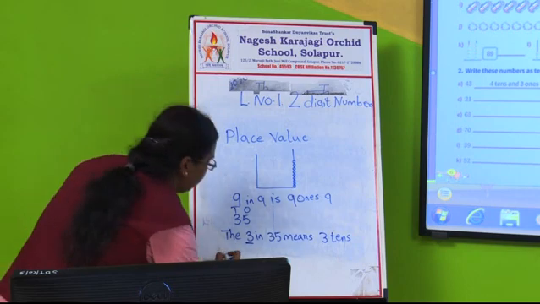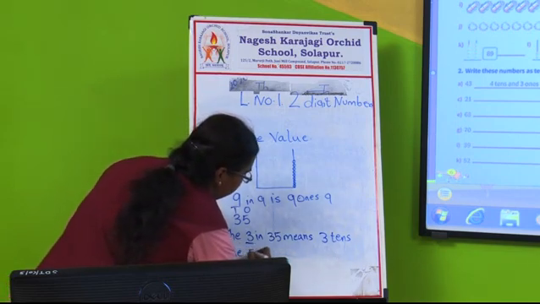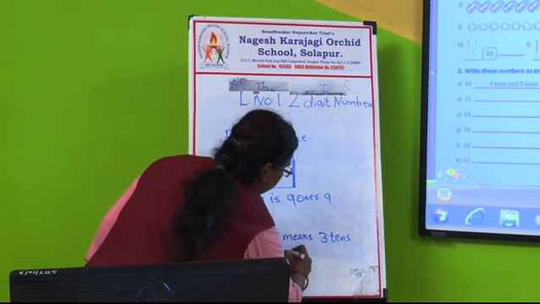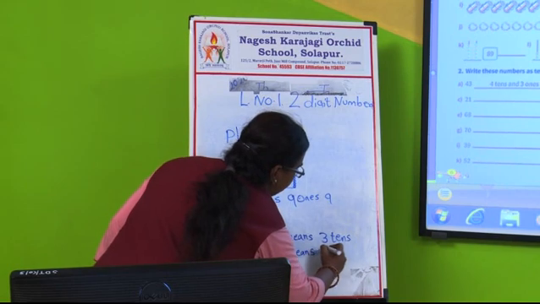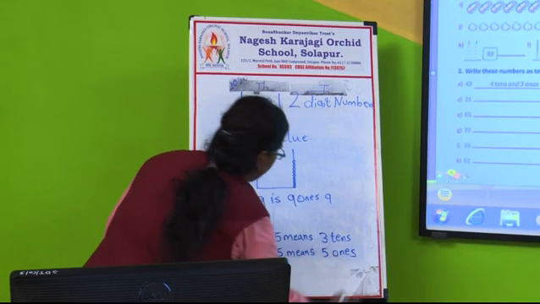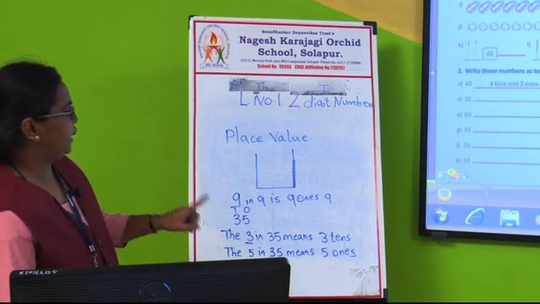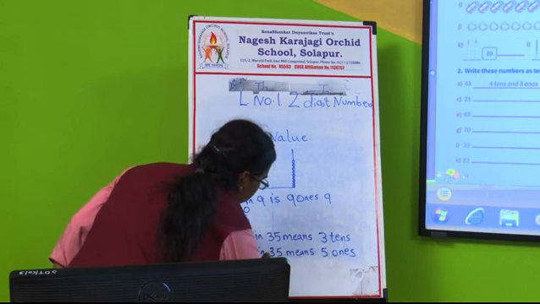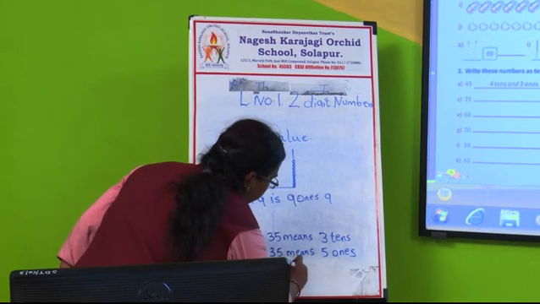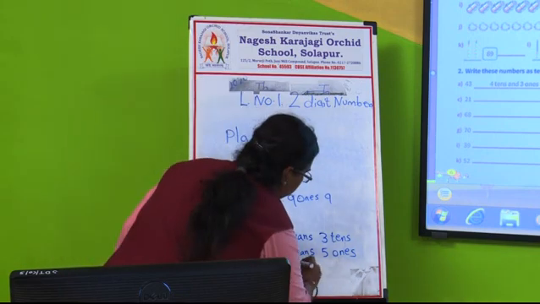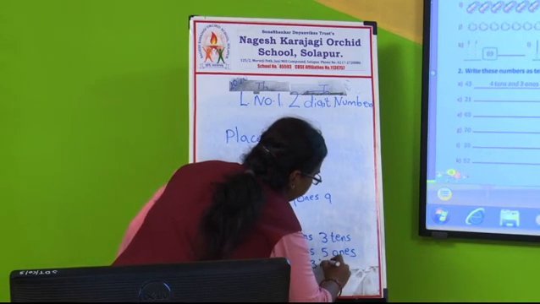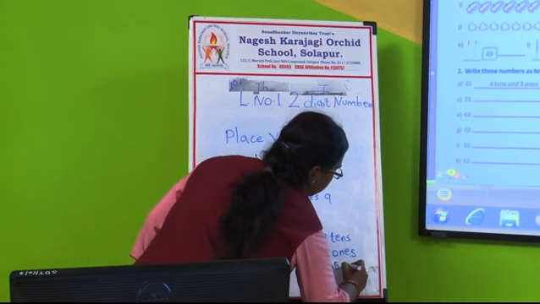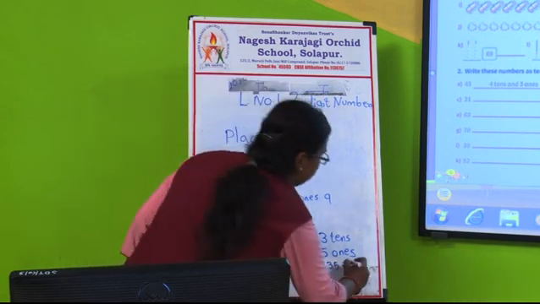Then the 5 in 35 means 5 ones. So the place value of 3 in 35 is tens or 30.